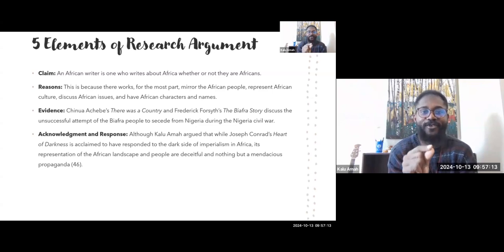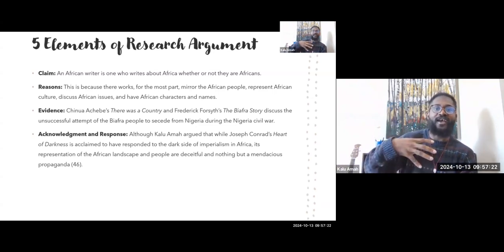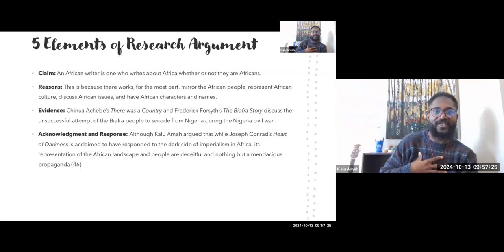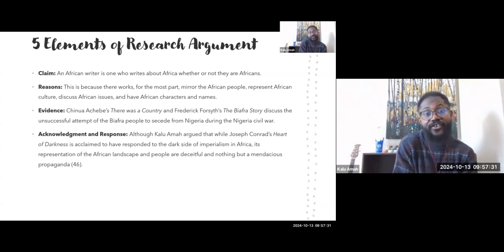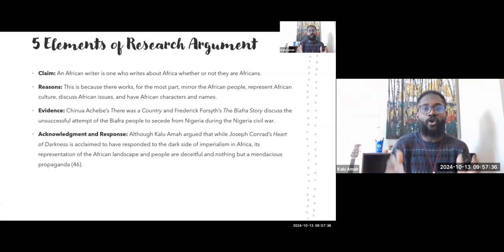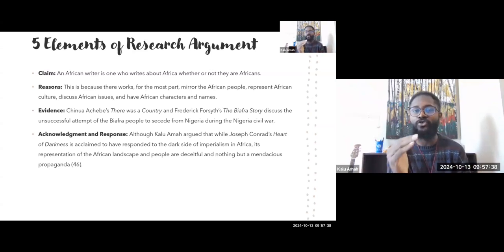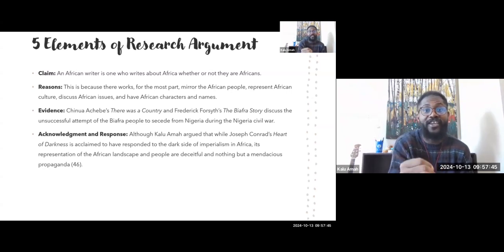This acknowledgement and response is not agreeing with your argument. That is why I say that you don't reference a source because everything about it has to agree with your thesis or your claim. You still go as far as picking other secondary or primary sources that do not overlap with your argument, but you need to bring in that consideration. See what it is helping you do. It's helping you clear the air, in case you are, for example, about to present this in a conference and making this claim.